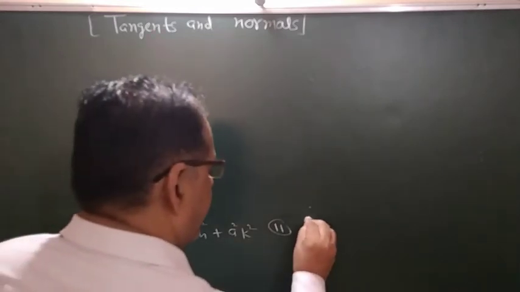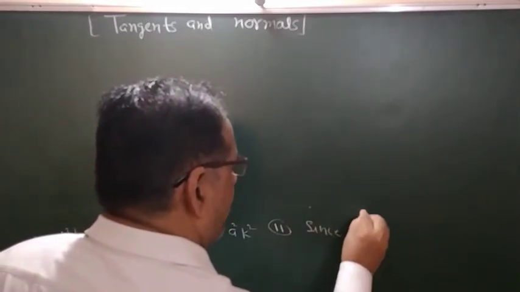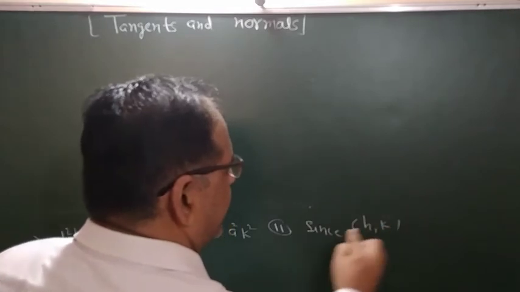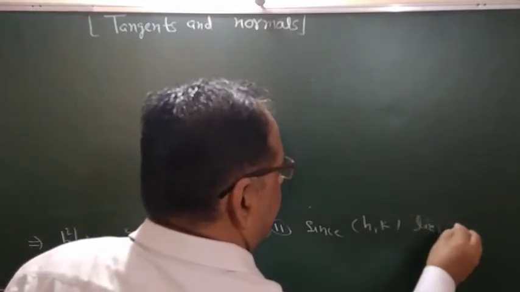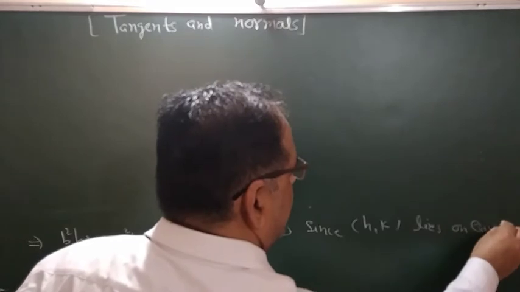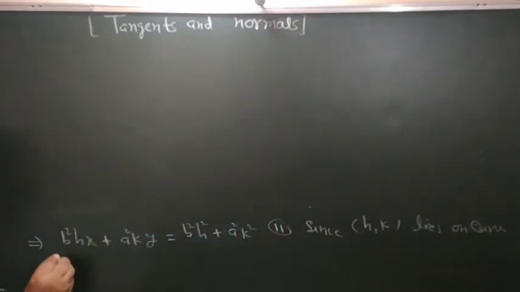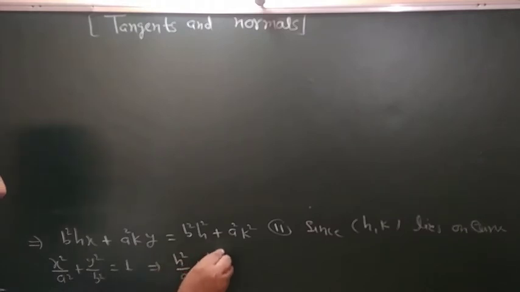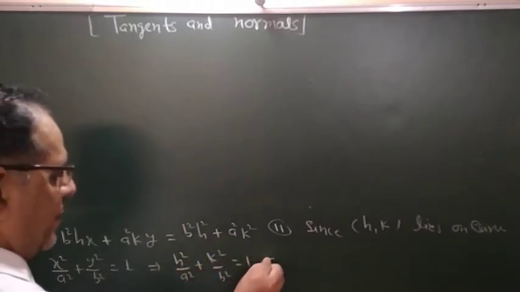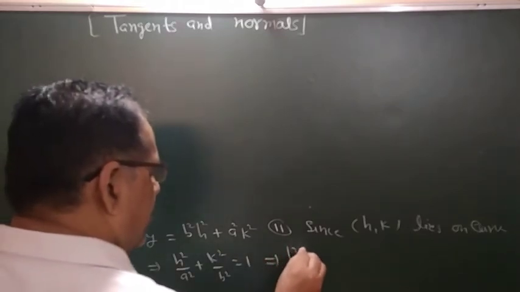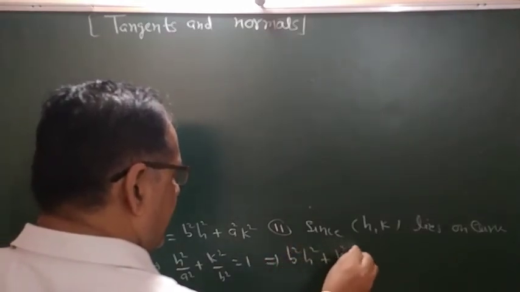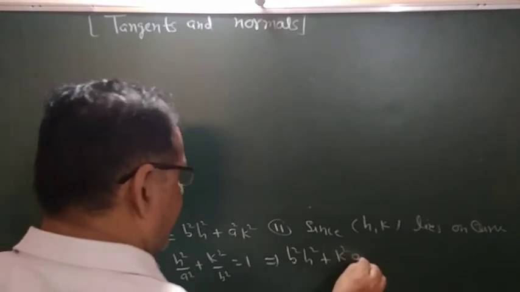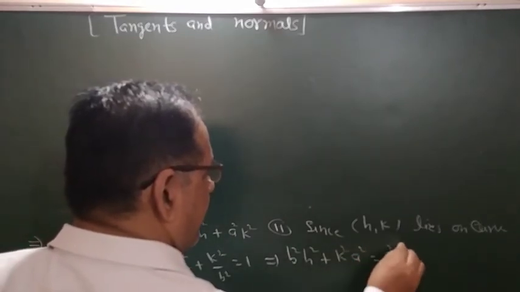Since h comma k, the point at which we want to find the tangent, lies on the curve x square upon a square plus y square upon b square equal to 1, so h square upon a square plus k square upon b square equal to 1. After LCM we have b square h square plus k square a square equal to a square b square.